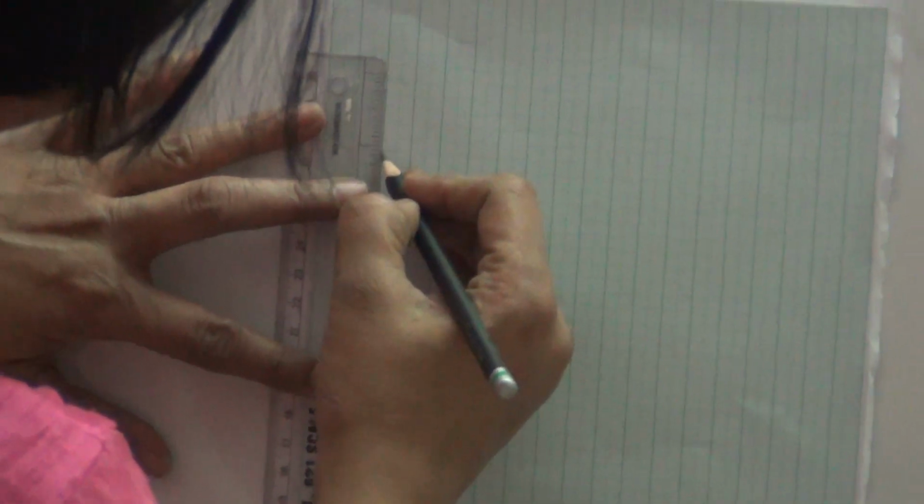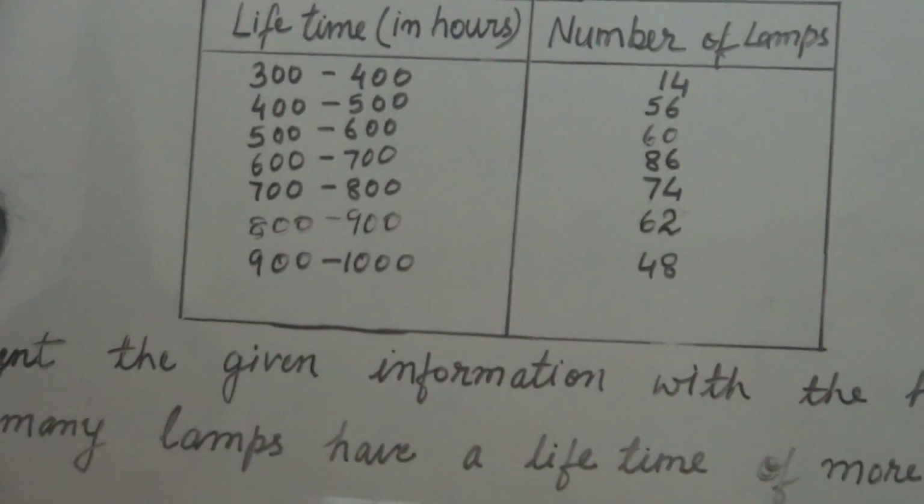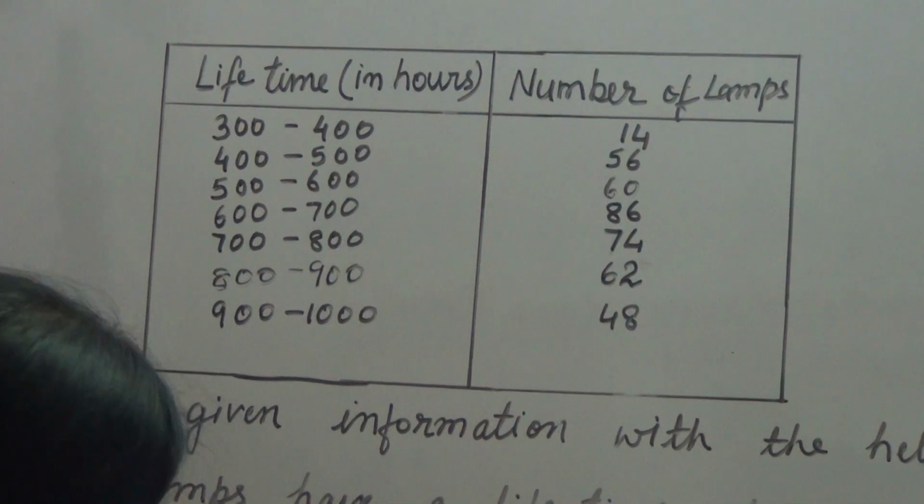As we see here, the lifetime in hours is starting from 300, but we need to mark each class interval with uniform distribution.